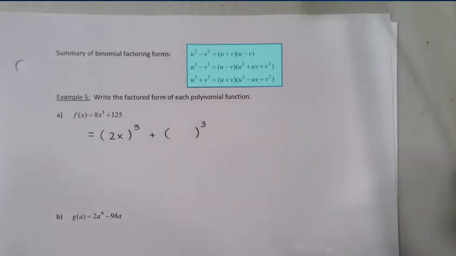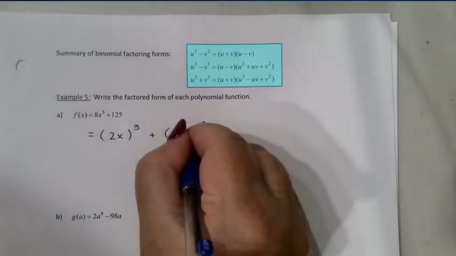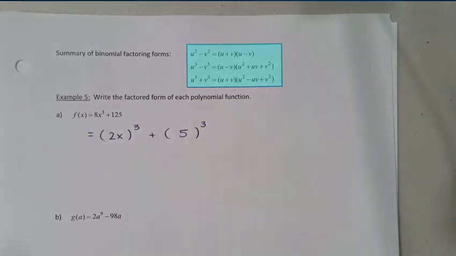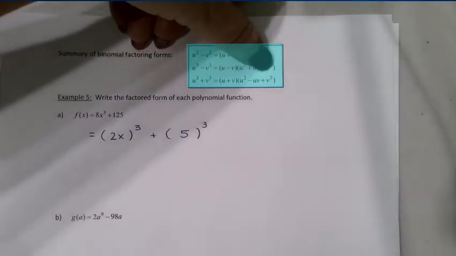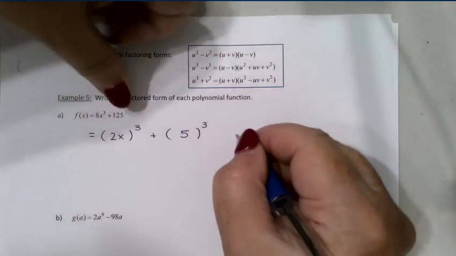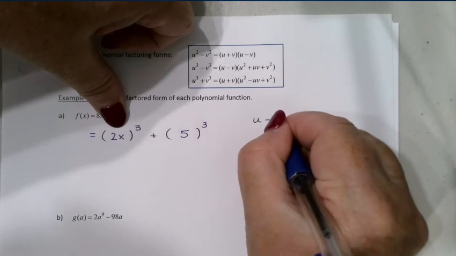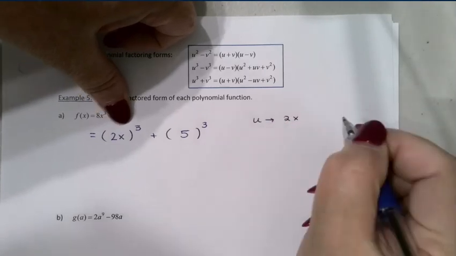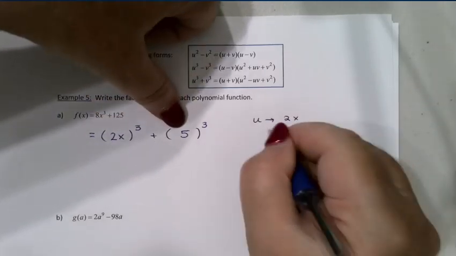And 125, you can just try it on your calculator, but you may recognize that as 5 cubed. So I truly do have the sum of cubes. In my formula over here, I'm just going to make a note to myself. u is going to get replaced with 2x, and this v is going to get replaced with 5.